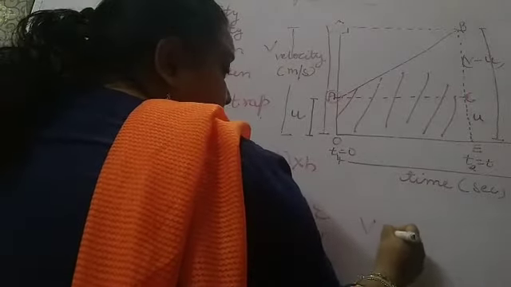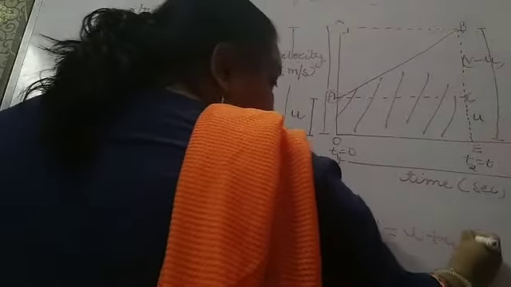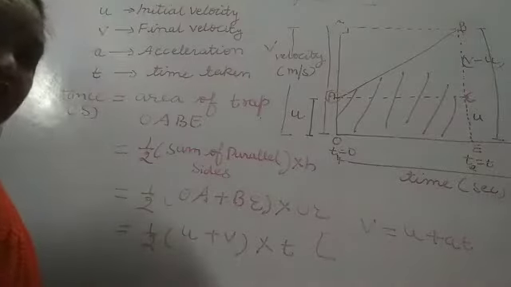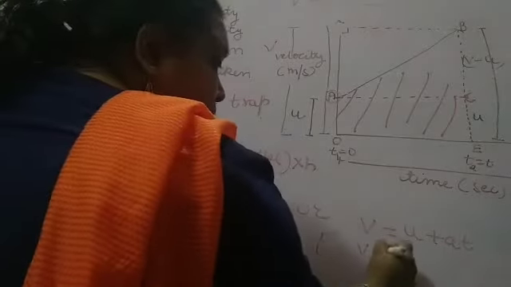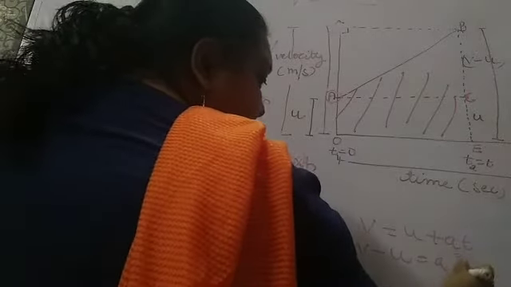Students, here also we have to use the first equation of motion, which is V is equal to U plus AT. From the first equation of motion, I want the value of T. How can I find it? V minus U is equal to AT.